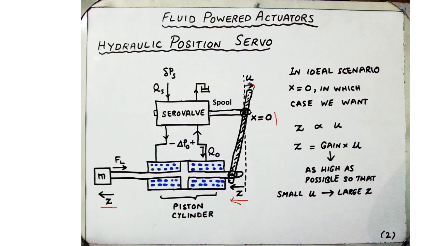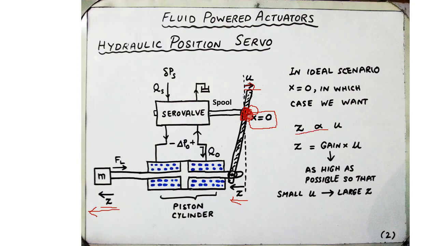In an ideal scenario, the displacement of the spool X is equal to 0. It is acting like a pivot, so that a small input displacement U causes this lever to rotate about this point and result in a large displacement Z applied to the mass.